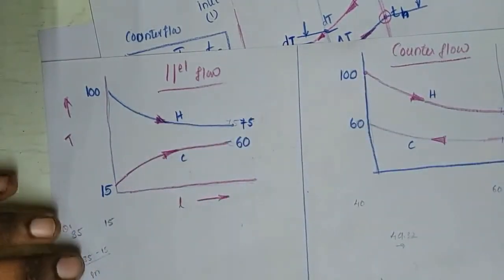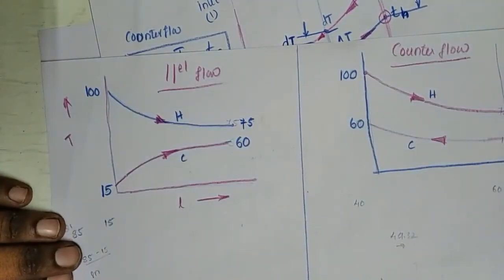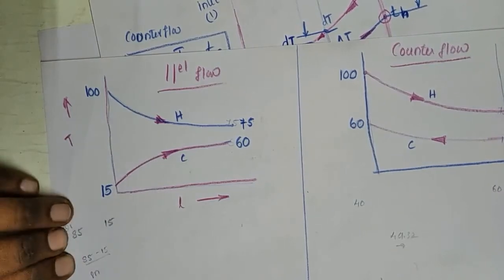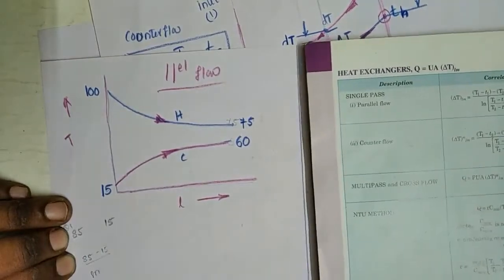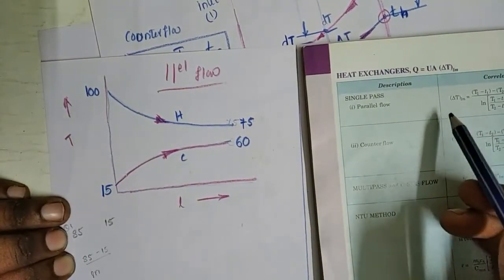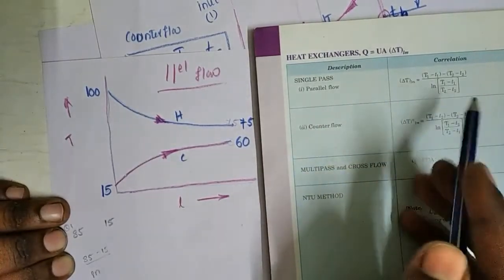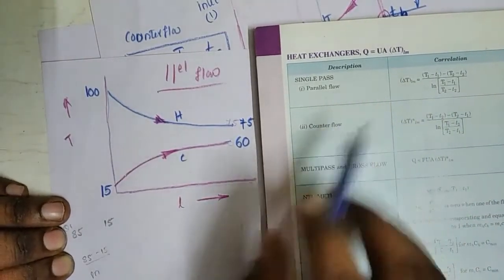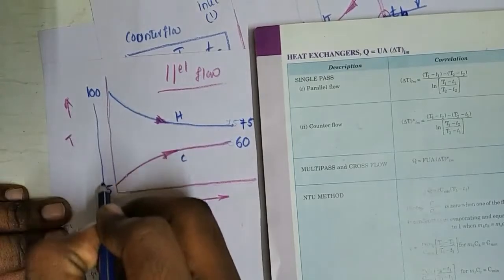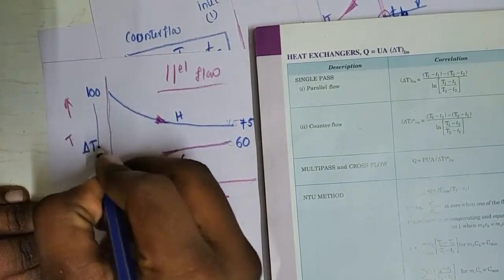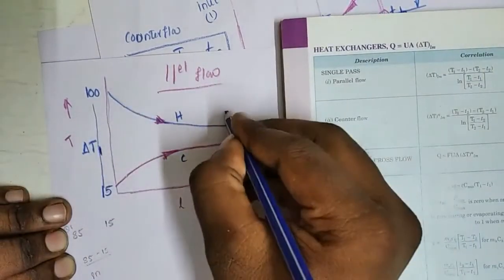Now we are going to find out the logarithmic mean temperature difference, LMTD, for the counter flow as well as the parallel flow, from the data book. For the parallel flow, this is delta T1 and this is delta T2.